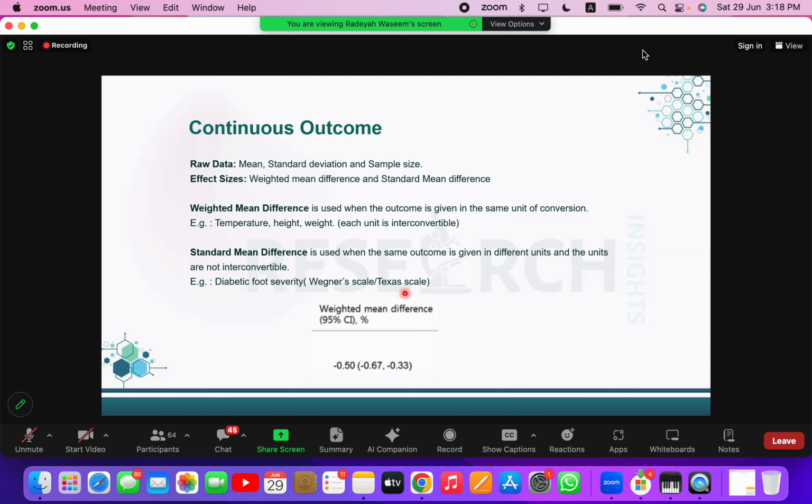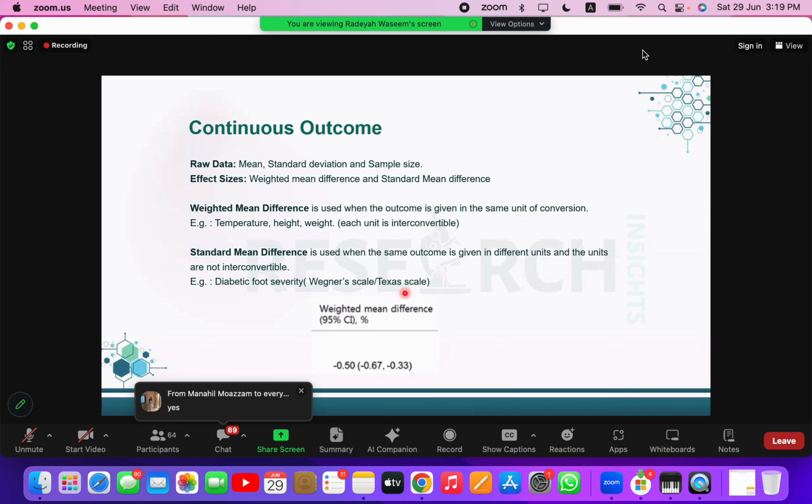Are these levels interconvertible? CK-MB, troponin I, troponin T. They're not interconvertible. So what effect size will you use here? Standardized mean difference. Excellent.